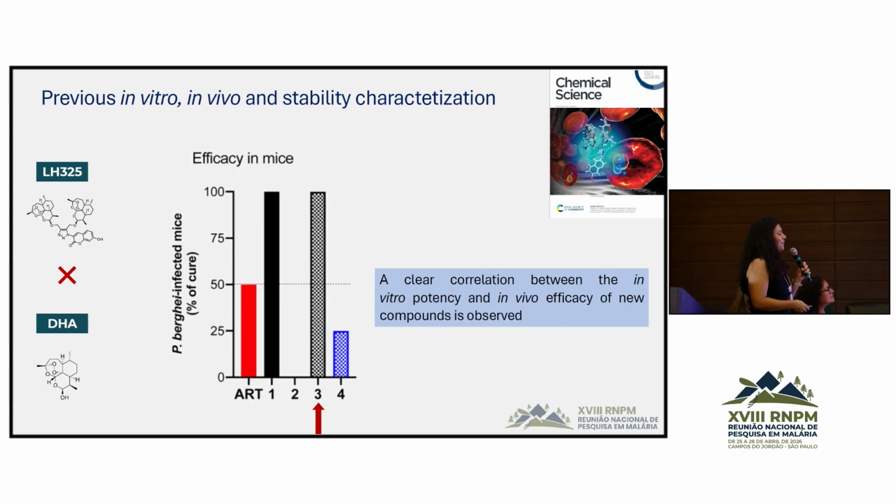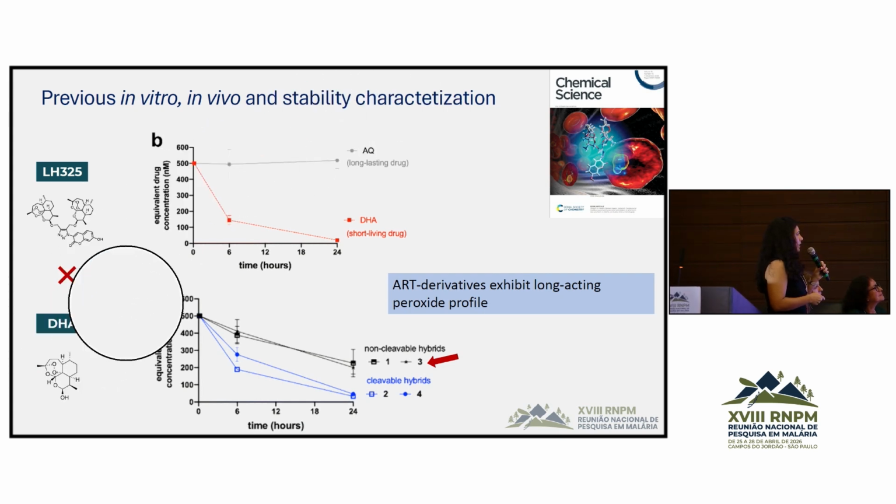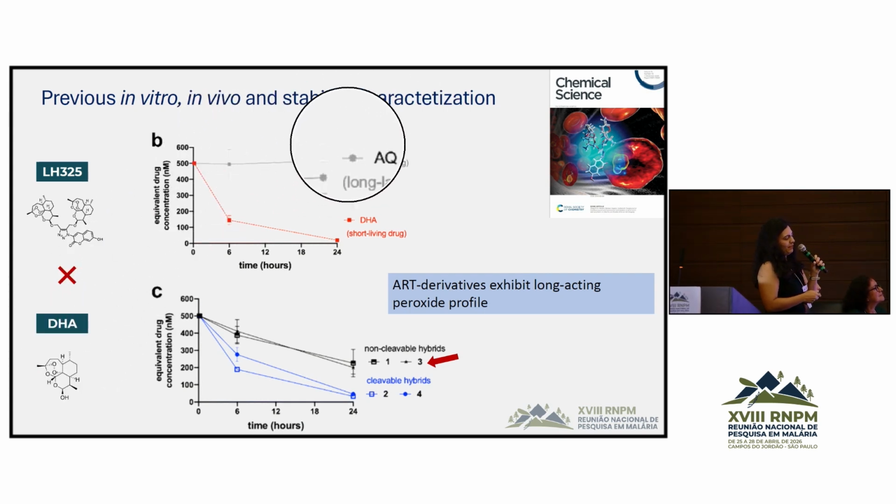It proved to be below 5 nanomolar. In this profile, we created an in vivo correlation where the compound could achieve 100% cure in mice infected with Plasmodium berghei. To understand the stability of these dimers, of this compound LH325, we did a stability study where we compared the stability of this compound over 24 hours.